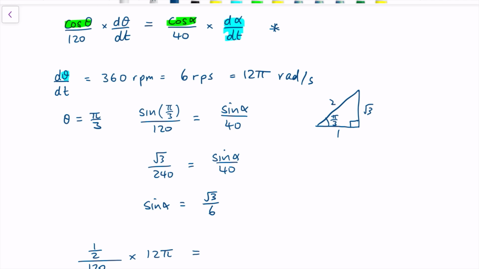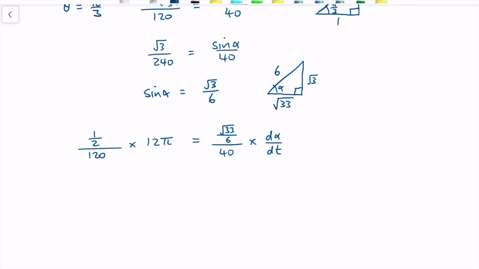Well, we know sine of alpha is root 3 over 6, that's another triangle we can draw. Sine of alpha, root 3 over 6, opposite root 3, hypotenuse 6. Use some Pythagoras to work out that the adjacent side there is 36 minus 3 square rooted, so square root 33, and therefore if we continue substituting into our related rates equation, cosine of alpha is root 33 over 6, all divided by 40, times d alpha dt, the rate that we needed.